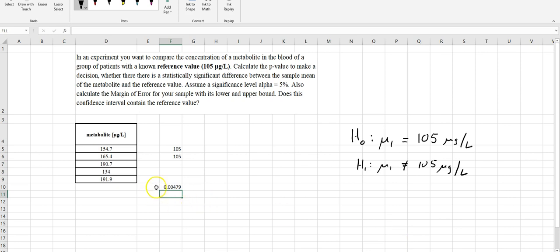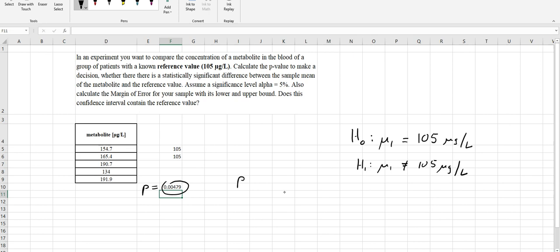And here we get a p-value of 0.0448. So this here is our p-value. Now what does that mean?